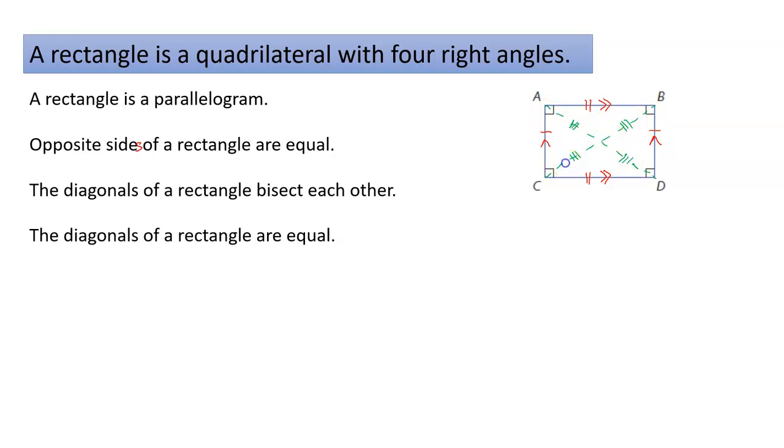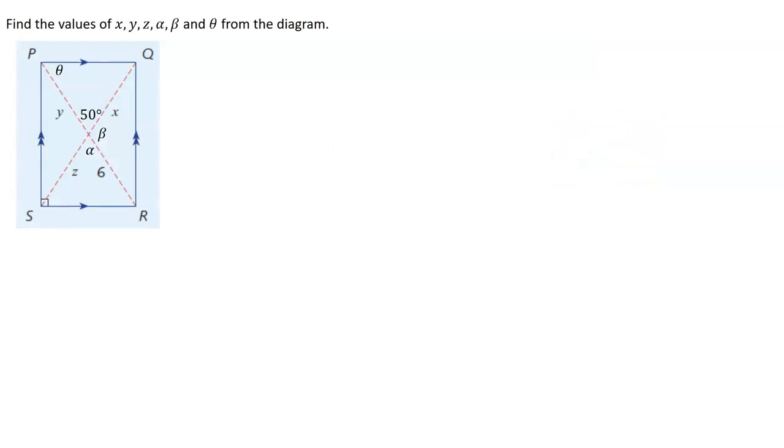Let's have a look at using these properties then. So let's start with the diagonals. I'm given that this is 6. Because this is 6, x and y and z are also 6. So I can write that as a single statement.